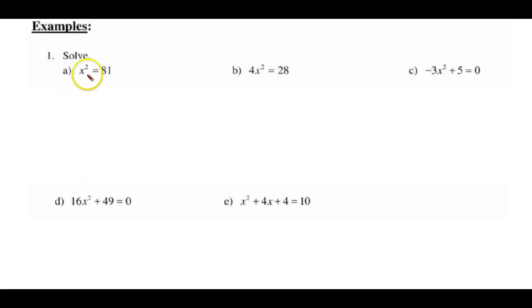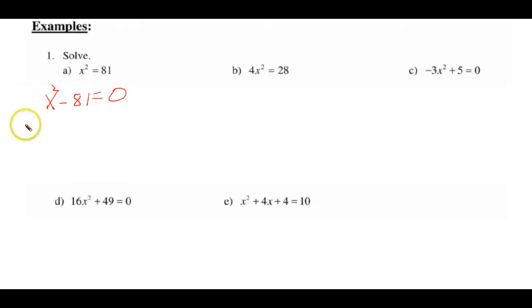A way that we've used before to solve an equation like this is to take the x squared and put this over to the other side and, in a sense, put it in standard form.